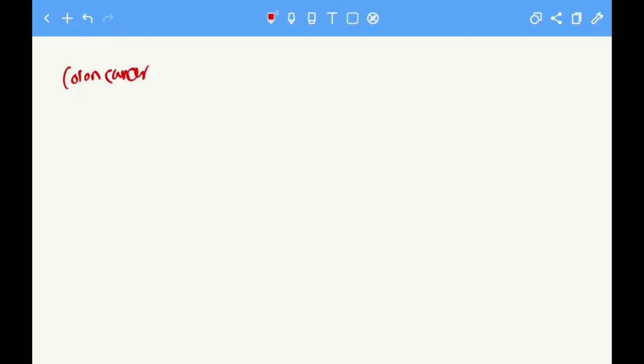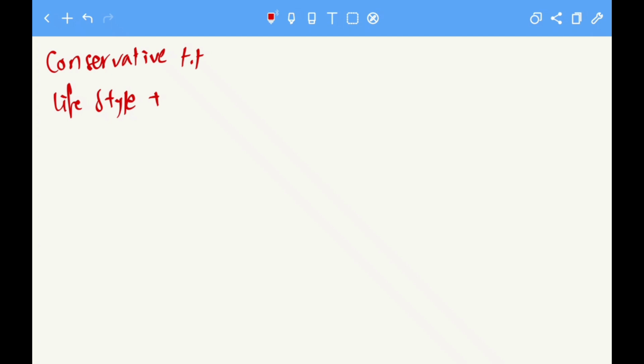And what is the treatment of Crohn's disease and ulcerative colitis? First, conservative treatment, which is lifestyle modification and controlled diet.